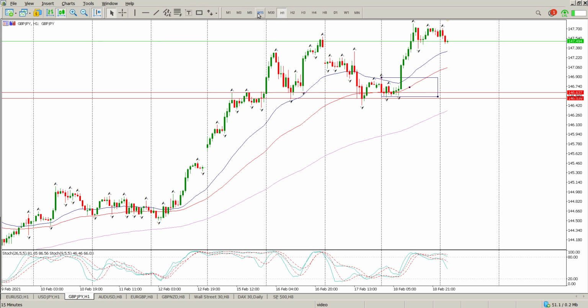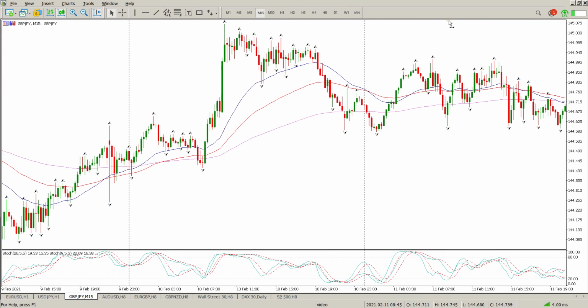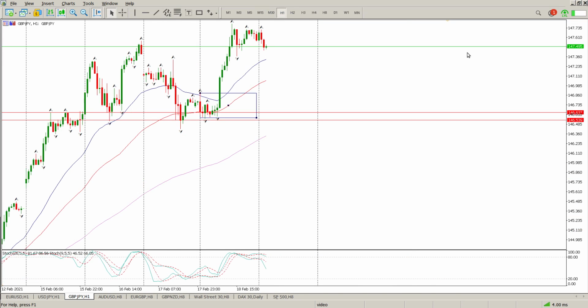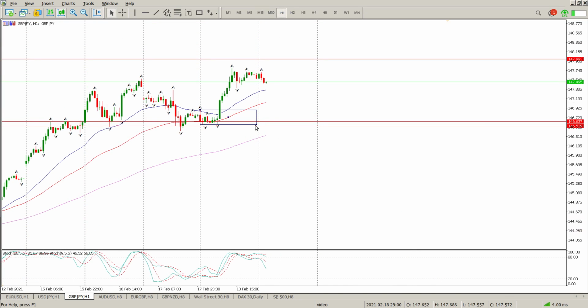And if you just come down to something like the 15 minutes or even the 5 minutes, actually, you'll see the break here on the 15, and then the pullback to come and test the break, 1 bar pullback, and then see where we closed. There was your entry right there, stop below the range, and up it went. So whenever I say good opportunity for London breakout, now you know what I'm talking about.